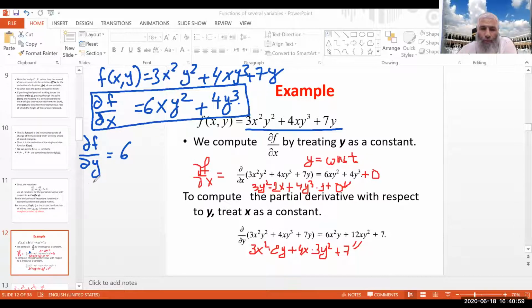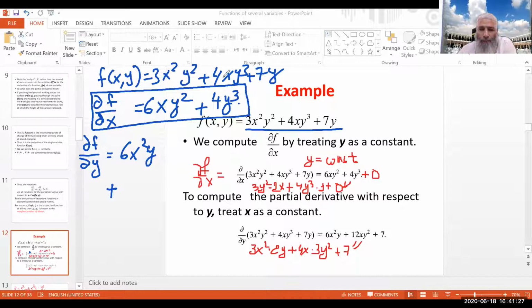Now y is not constant; the constant is x squared. But y is a variable now because we are taking the derivative with respect to y. So we have 6x squared y.